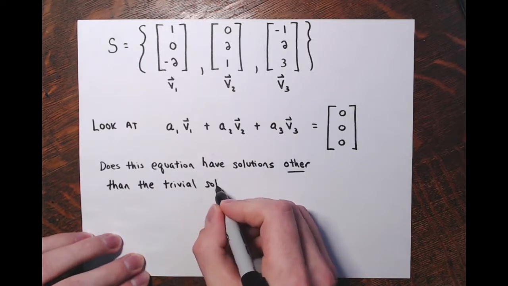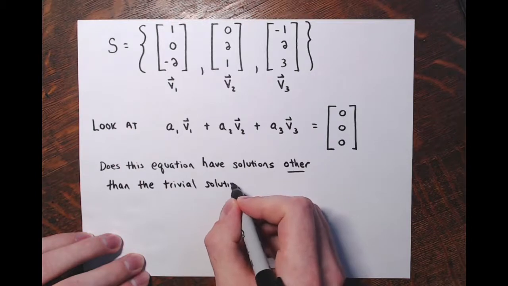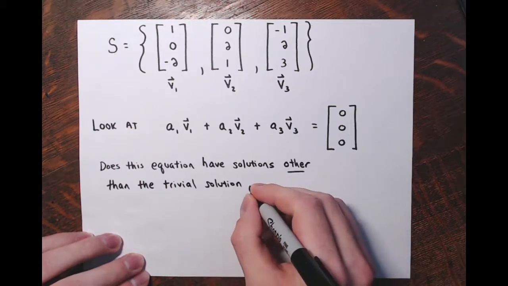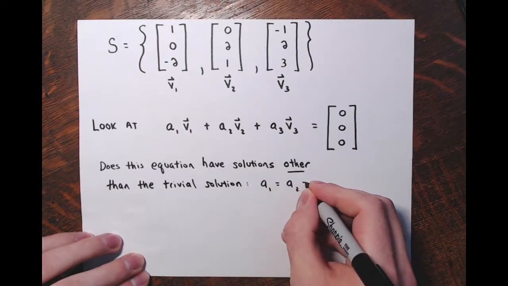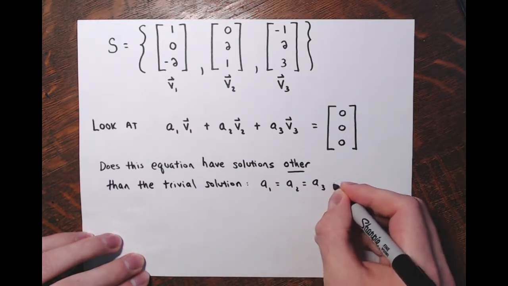That's the big question. And again, the trivial solution is where the values of those unknowns, a1, a2, and a3, are all 0.